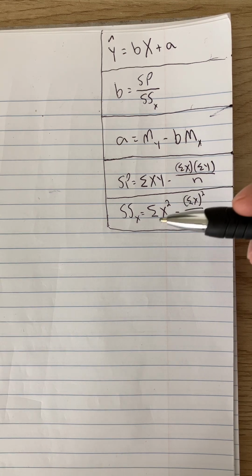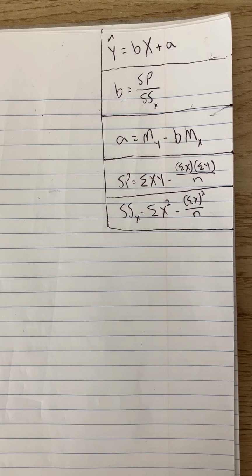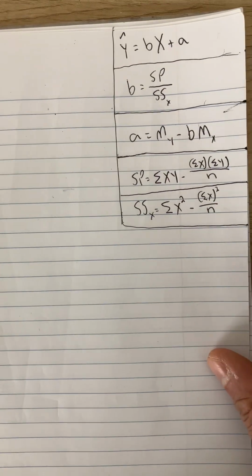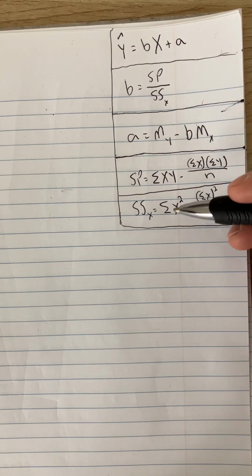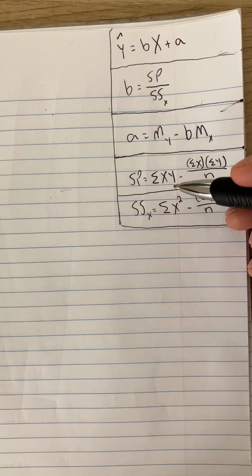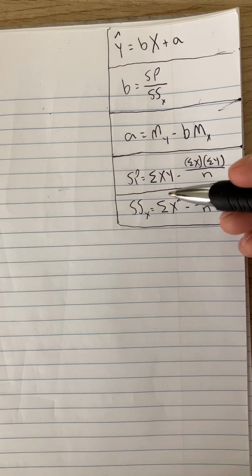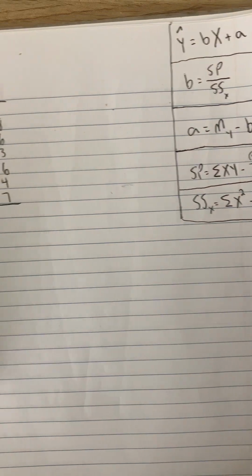And sum of squares x, which is the sum of x squared minus the sum of x quantity squared over n. So every time that we can see a summation, that's a column that we can add to the table. So let's go ahead and add these two columns, and then we'll start doing the calculations.